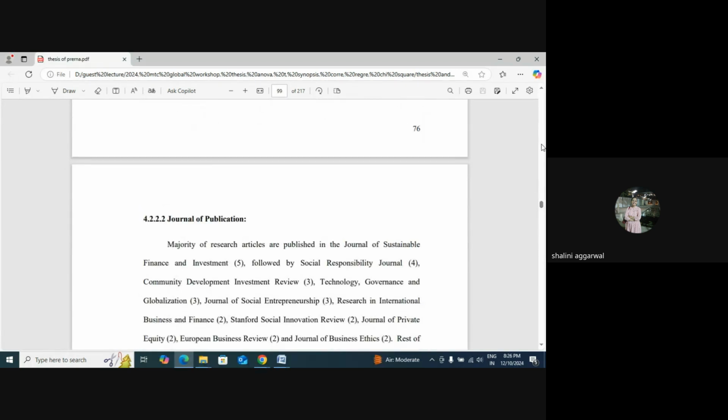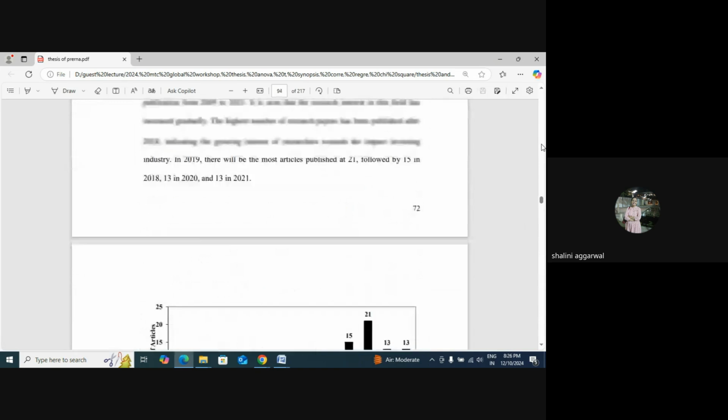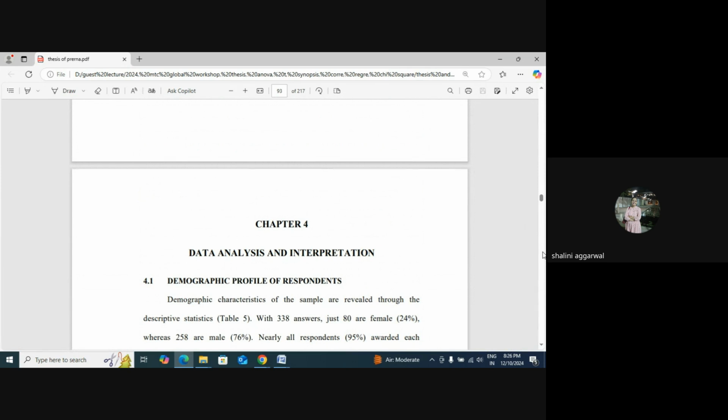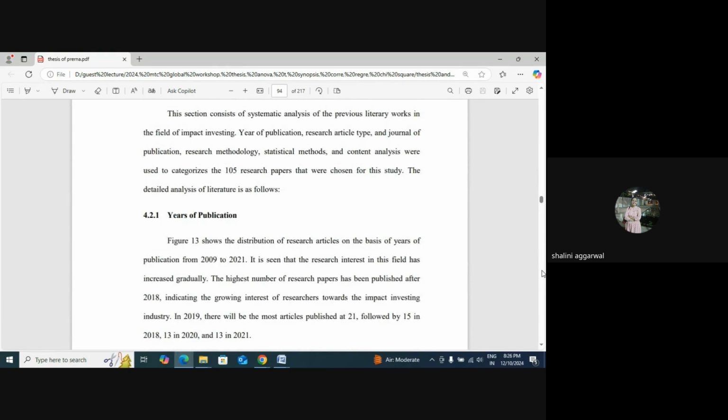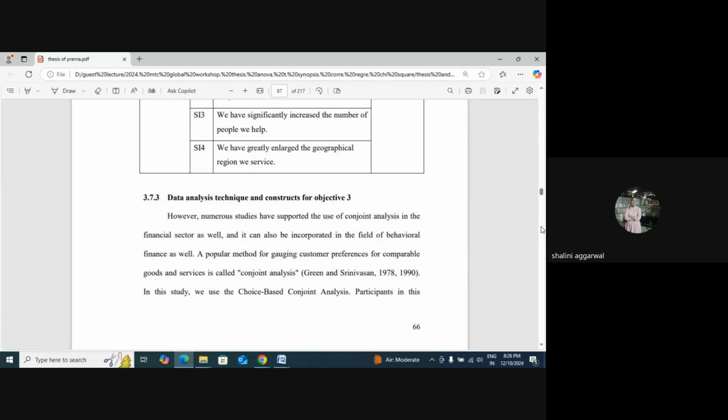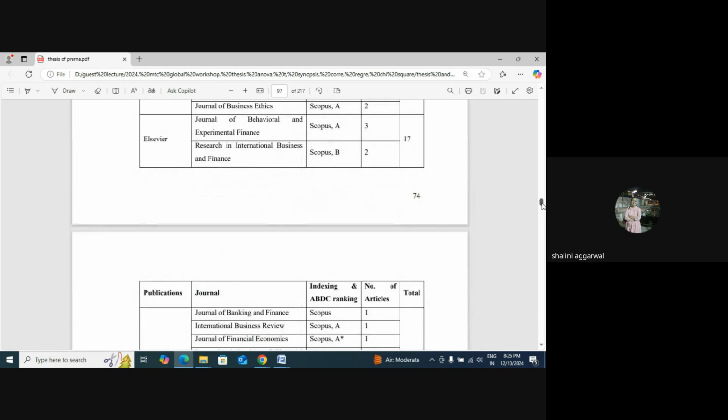So what I wanted to show you here is, let me show you this. Demographic is common for everyone, so this is not included in this. Look at this data analysis technique and construct for objective. No, one minute, let me show you.